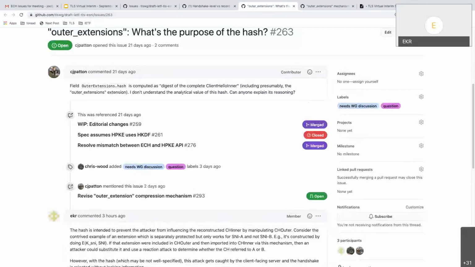We had a lot of problems with the substitution of individual parts of the inner hello. So here's how you get to this point: you say, look, we've had problems substituting inner parts of client hello, so now we're going to take the entire thing and bundle it in ECH, and that provides both confidentiality and integrity for the entire thing. That's a good property, and we agree we can analyze that easily.